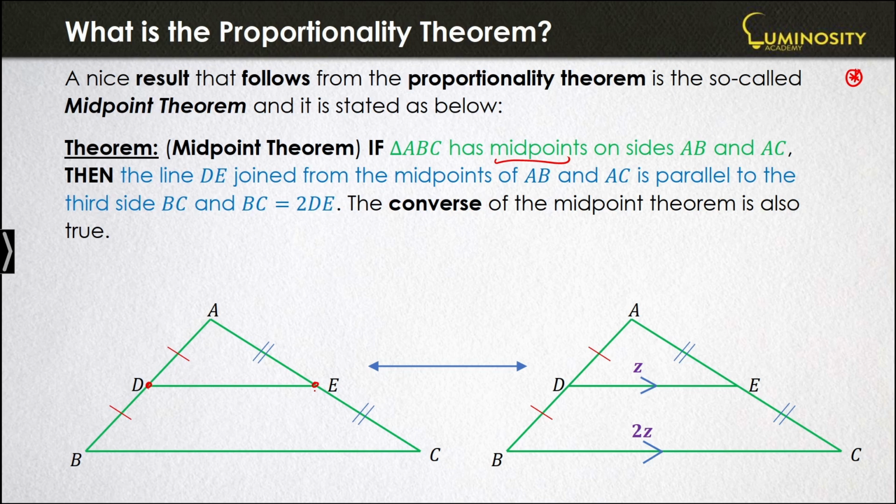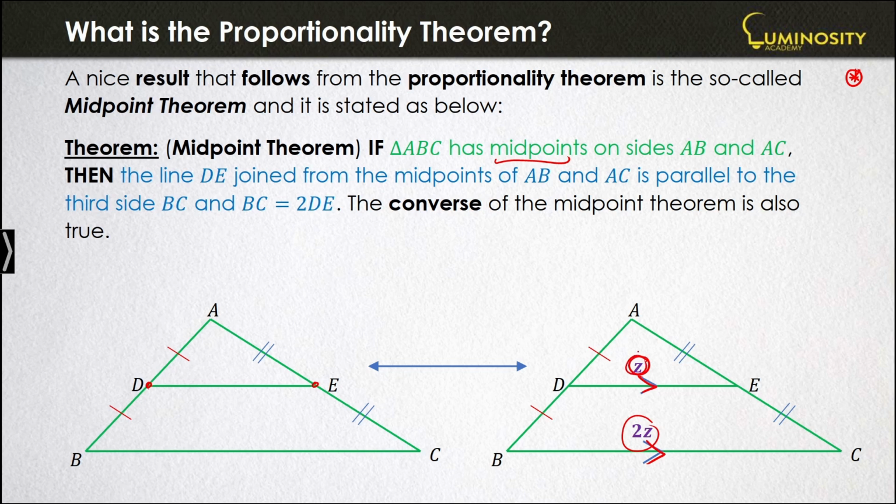Then the conclusion says that the line DE joining those two midpoints is parallel to that third side. And moreover, the length of the bigger side, BC, will be twice the length of the parallel line DE.